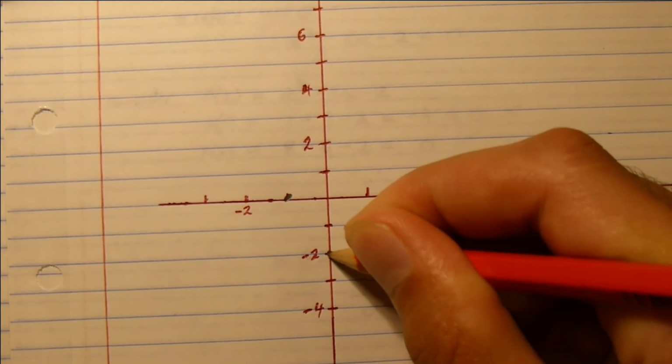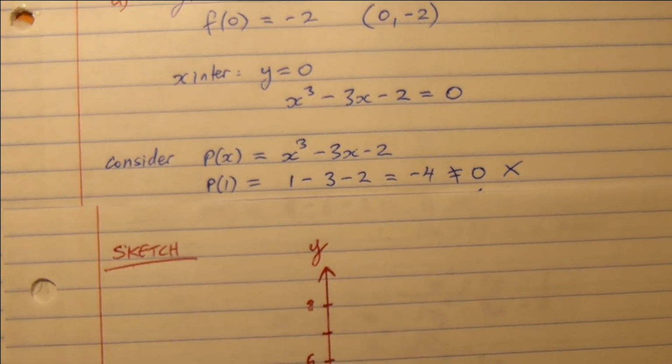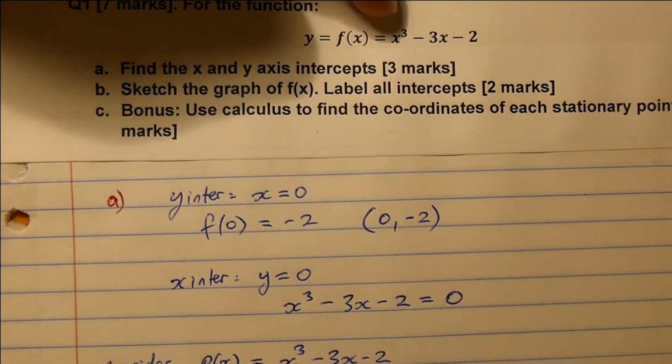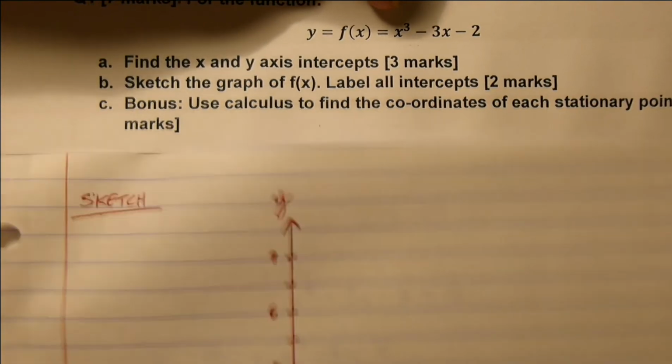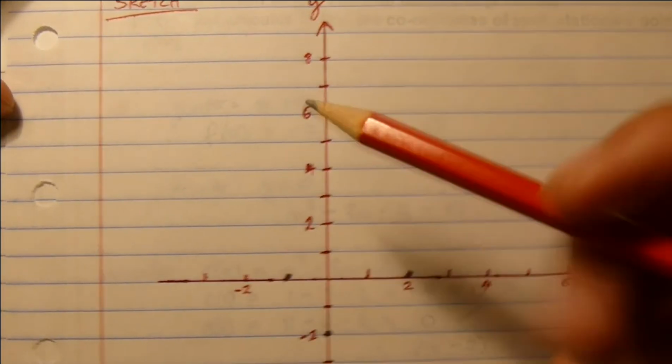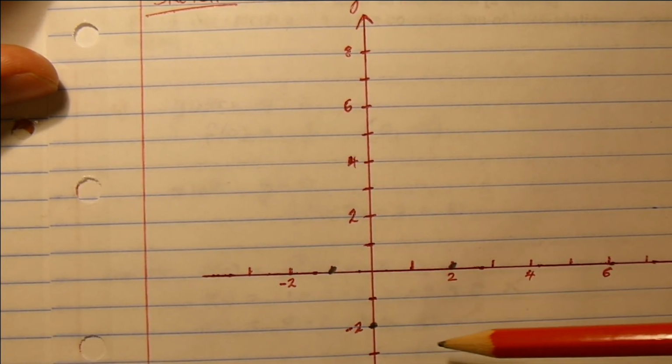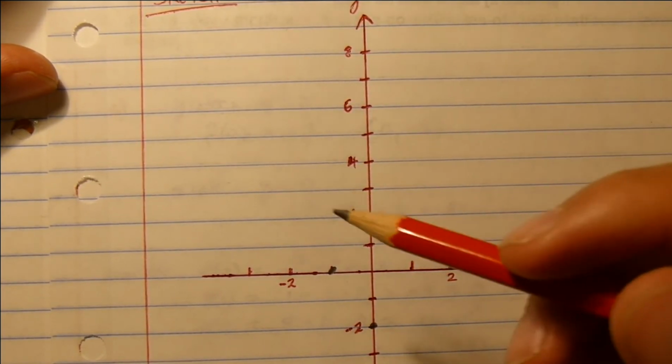So here it's negative 2. Now this cubic graph has a positive sign here, so the cubic will have this kind of a positive shape, so it's essentially going to go like this, come down, and then go back up.